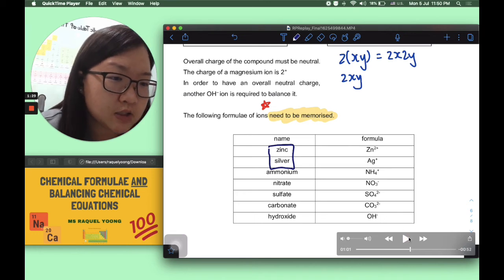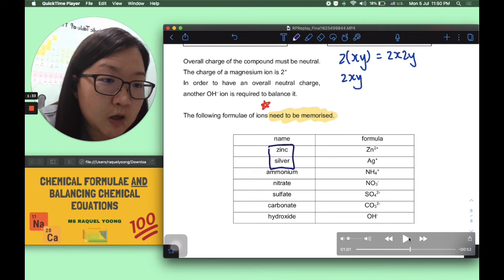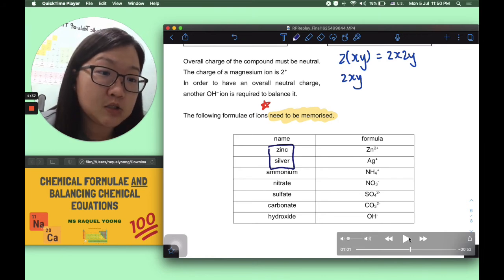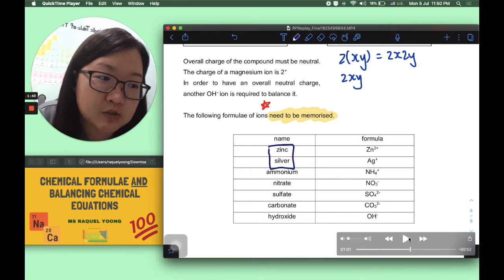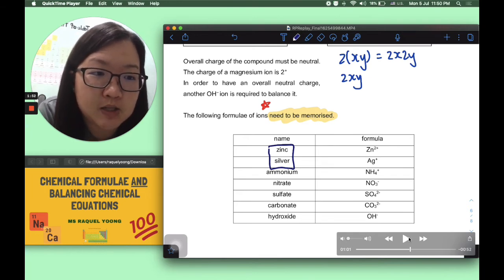These are the two that you really need to commit to memory. That is part of the syllabus. The other transition metal ions, as mentioned previously, you don't have to memorize because they will give you the Roman numeral, so you will be able to figure out the charge immediately. But for zinc and silver, you need to remember that it forms Zn2+ and Ag+ respectively.